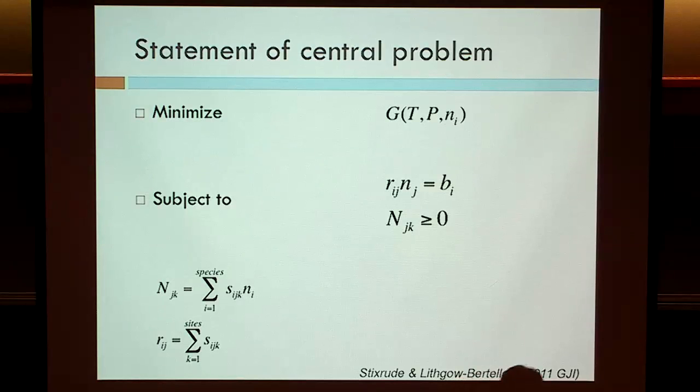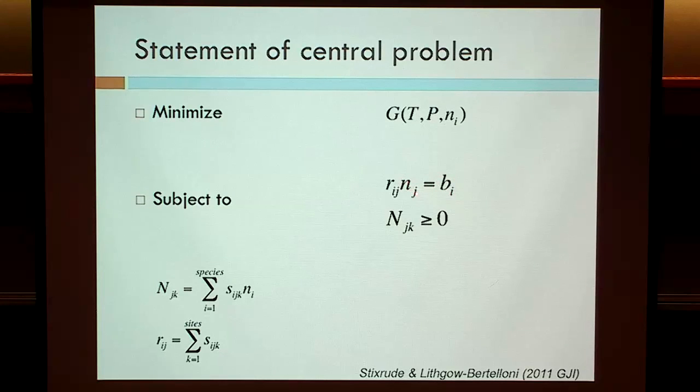Okay, back to our central problem. Remember our rock. And what do we need to do? We need to find the stable phase assemblage, their compositions, the physical properties, all that stuff. Minimize the Gibbs free energy at a given temperature and pressure as a function of the amounts of all the species, the pyrope and the forsterite and the diopside and all that. Subject to constant bulk composition.